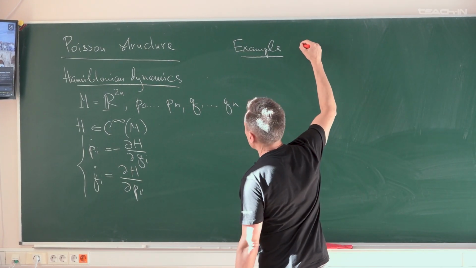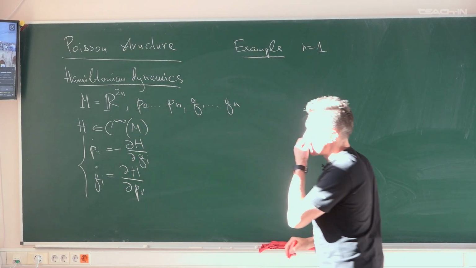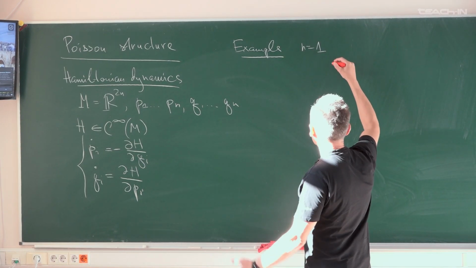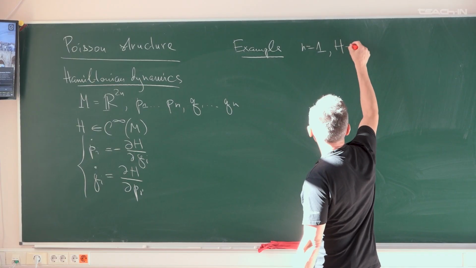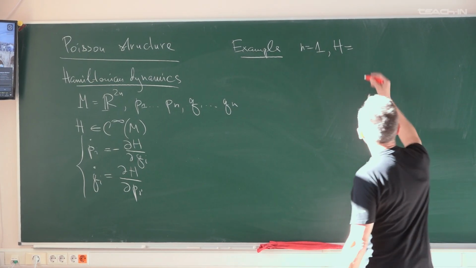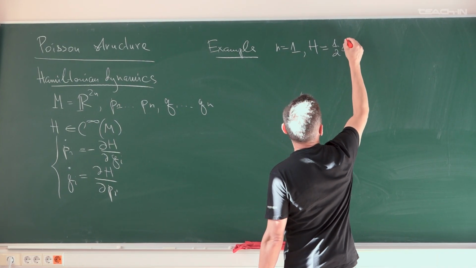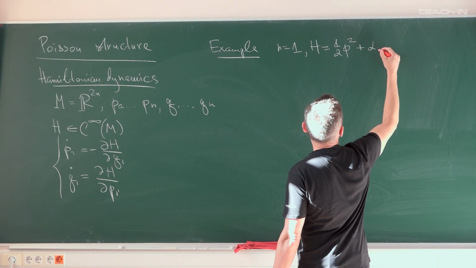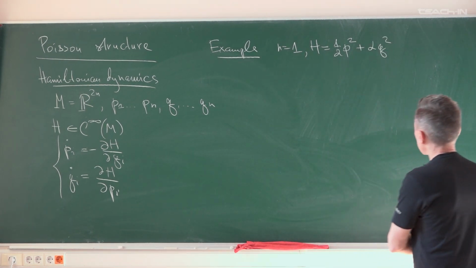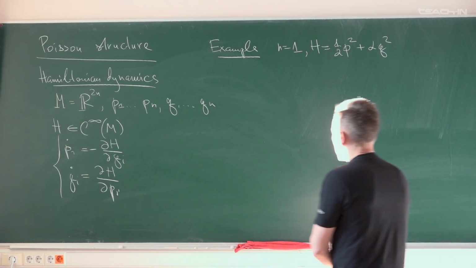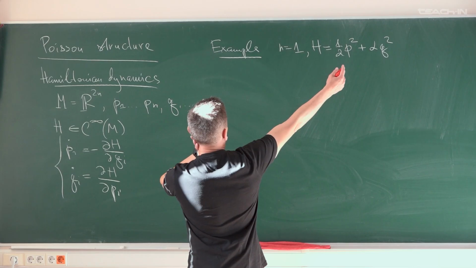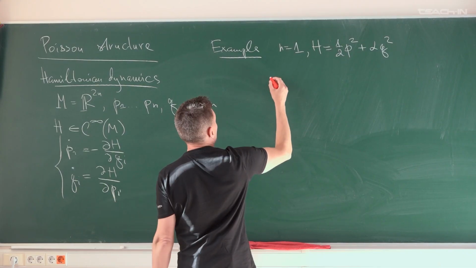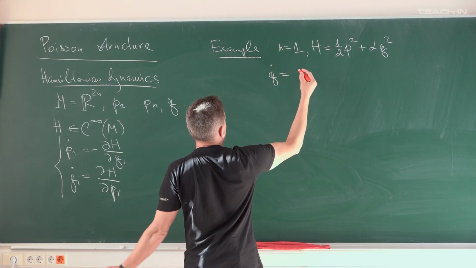Example. I'd like to choose n equal 1. So M is just a two-dimensional affine space, and the Hamiltonian function is H = p squared plus alpha q squared. The Hamiltonian dynamics corresponding to such a function is the following one. q dot is just p.